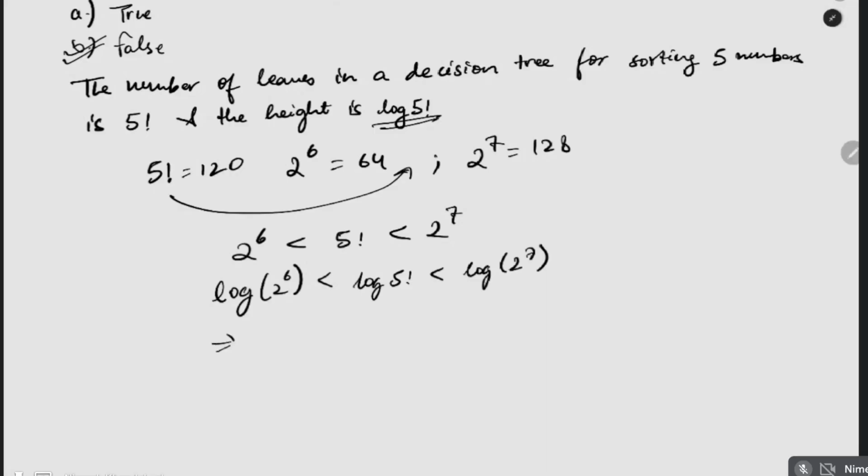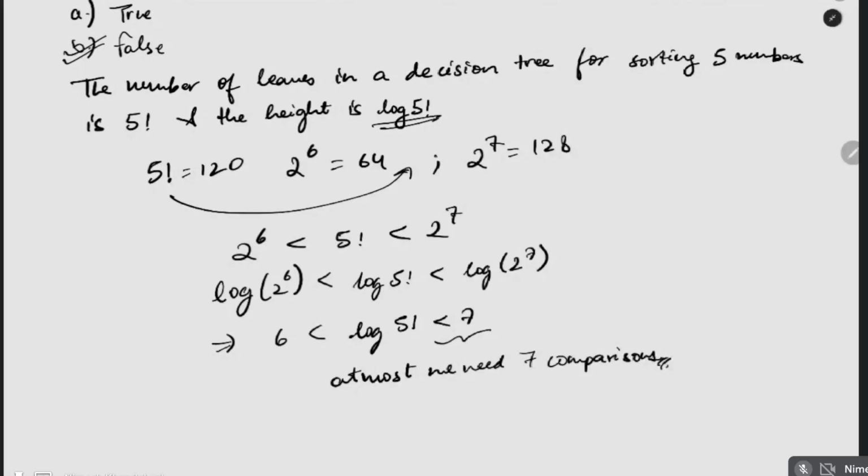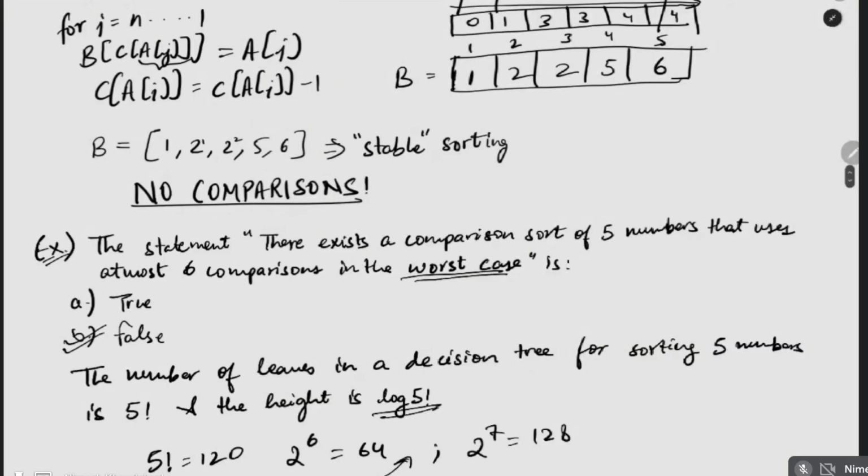So we end up with this inequality, and this shows that at most we need 7 comparisons, right? We need more than 6, but at most we need 7 comparisons and not 6. So this statement is false.